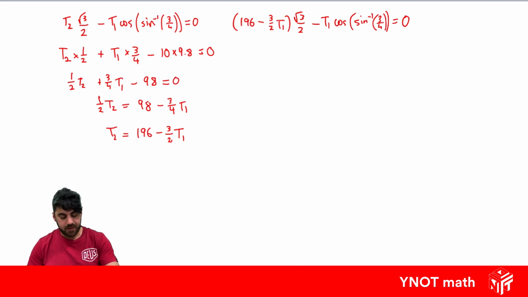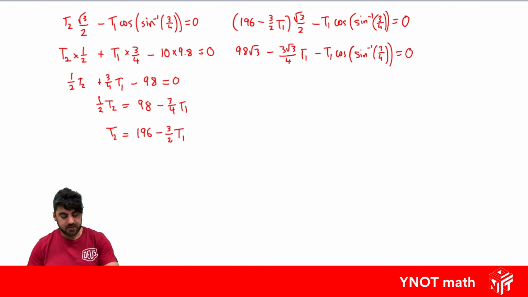Let's go ahead and expand this bracket out. So we're going to get 98 root 3 minus 3 root 3 on 4 T1 minus T1 times cos of the inverse sine of 3 on 4.